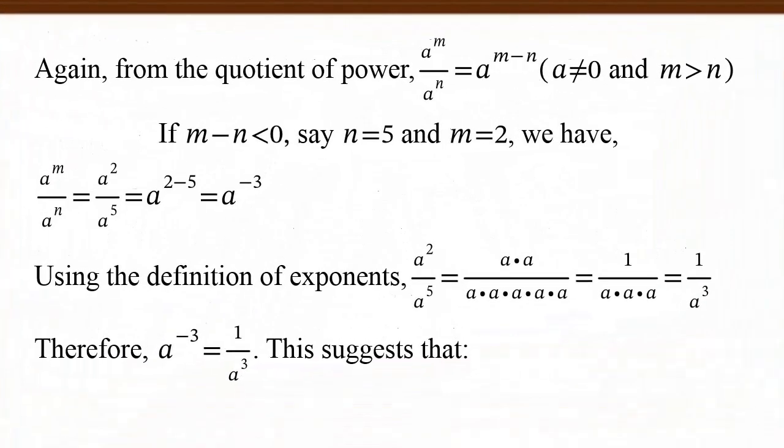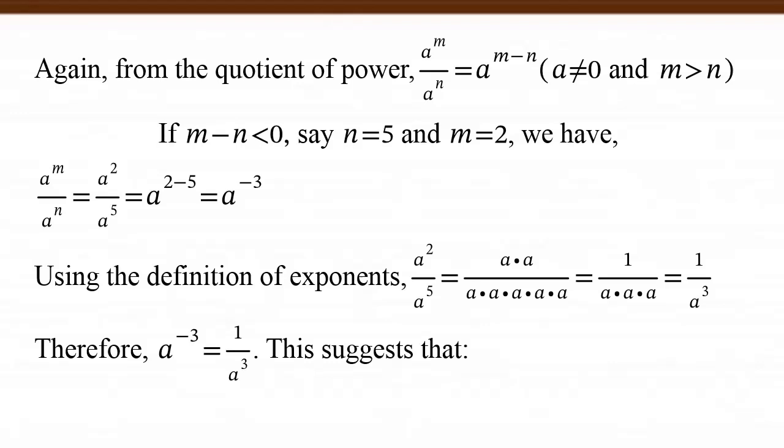Again, from the quotient of powers, we have a raised to m all over a raised to n is equal to a raised to m minus n, where a is not equal to 0 and m is less than n. So m minus n is less than 0. Say that n is equal to 5 and m is equal to 2.